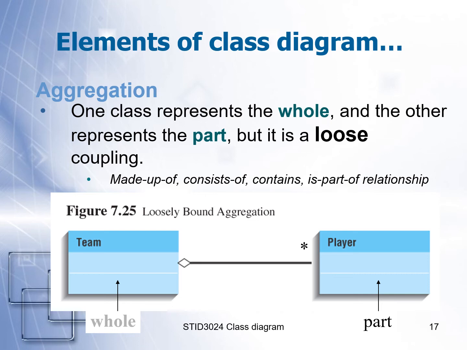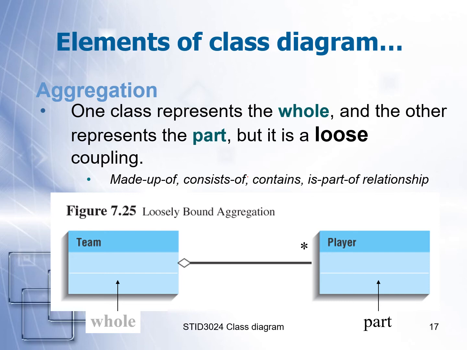One team consists of many players. Aggregation has this part here. If you can see, it's labeled as whole, and the other class is called part. So one class consists of many parts.